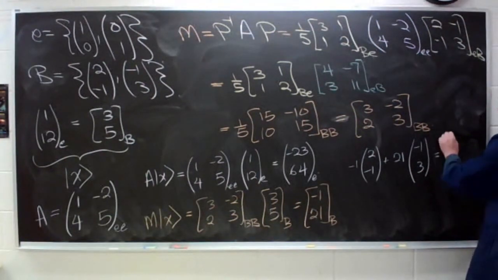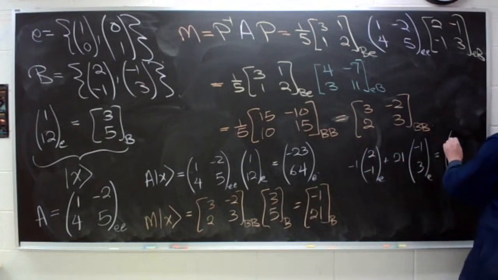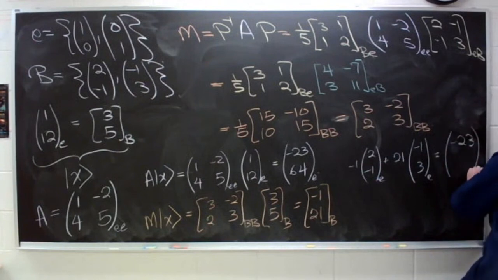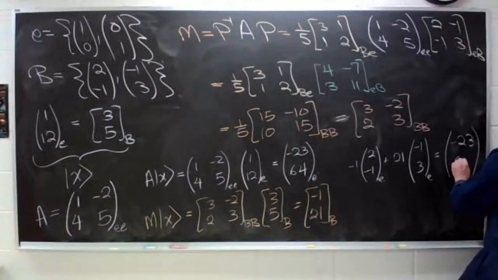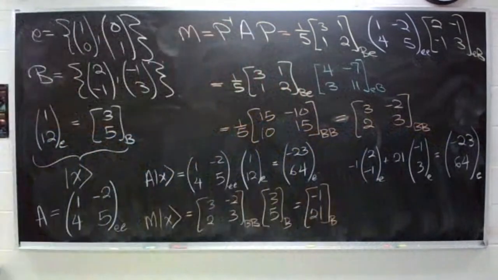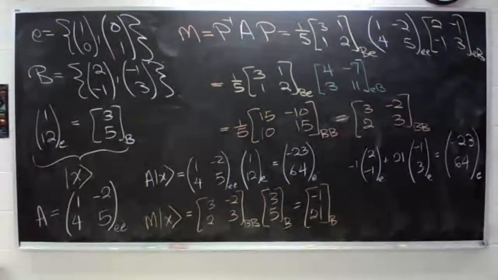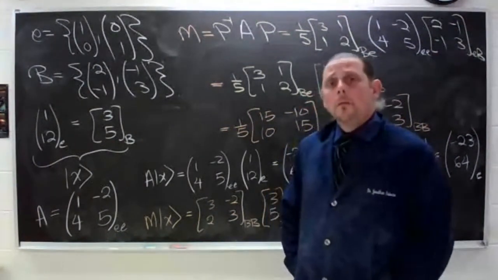And let's see what that gives. These are both E. Negative 2 minus 21 is negative 23, and 1 plus 63 is 64. So it seems from this example that matrix M does indeed do exactly the same thing as matrix A does, just with respect to a different basis.